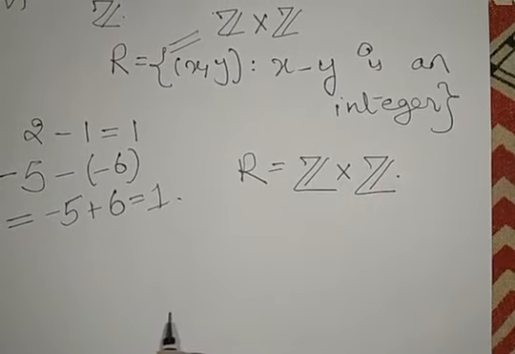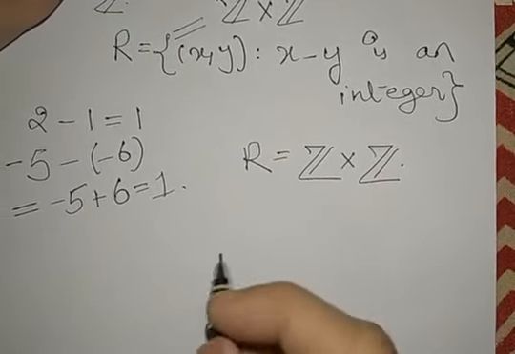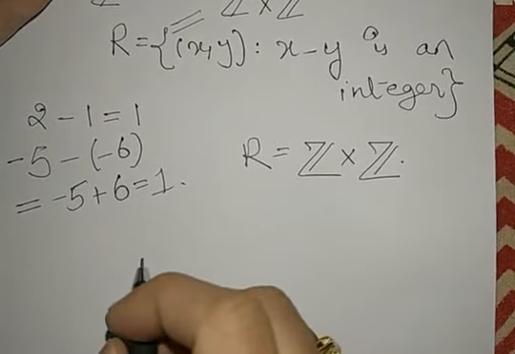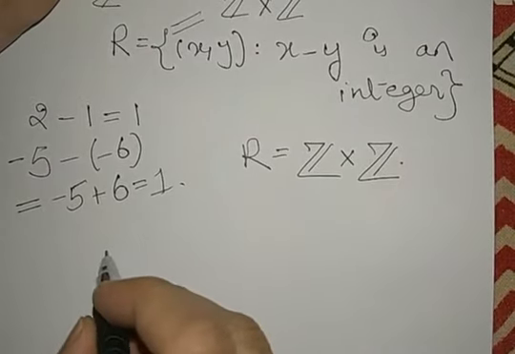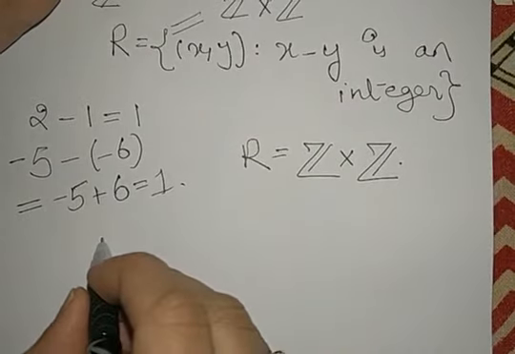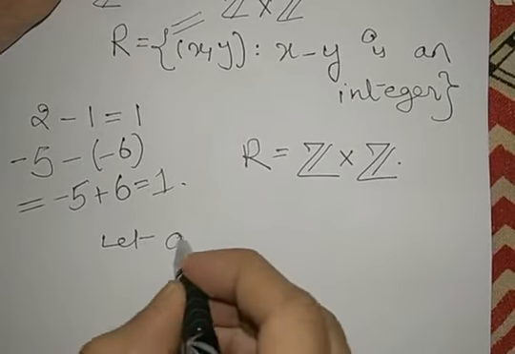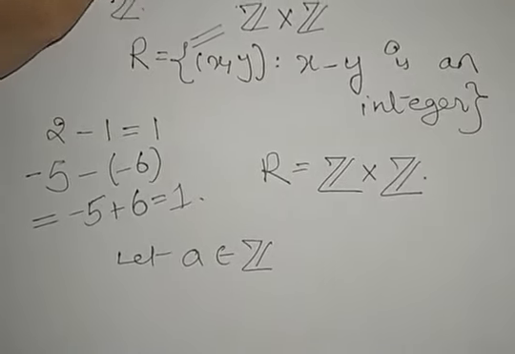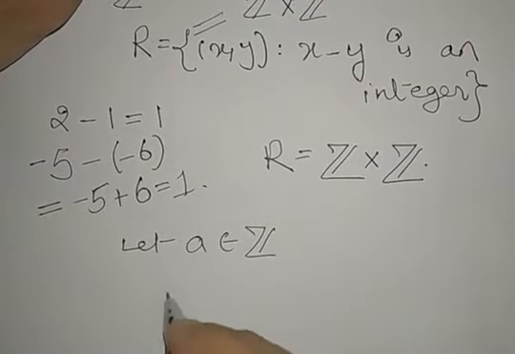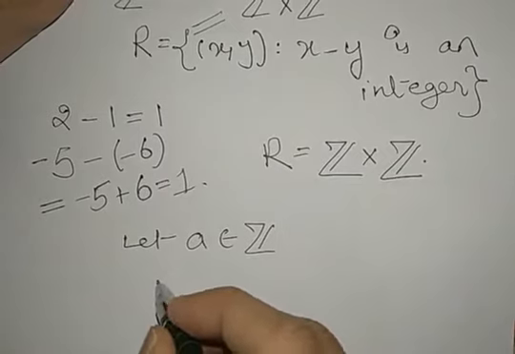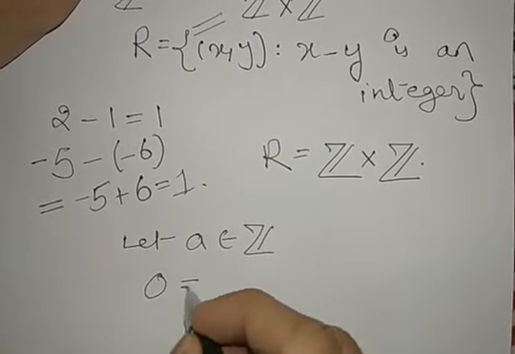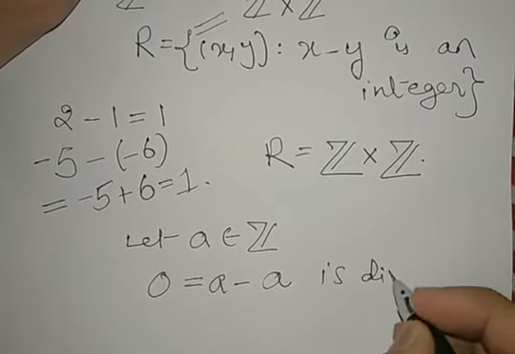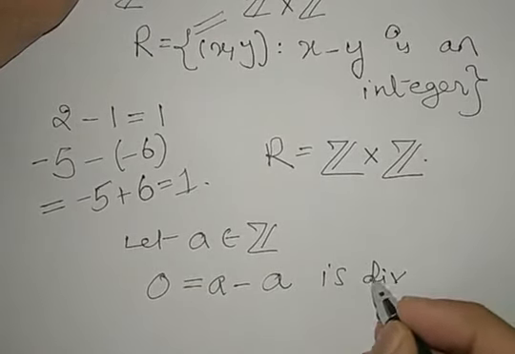So now if we check whether this relation is reflexive, symmetric or transitive, what we will get? See, let A belong to the set Z. Now what you find is 0, which is A minus A, is an integer.